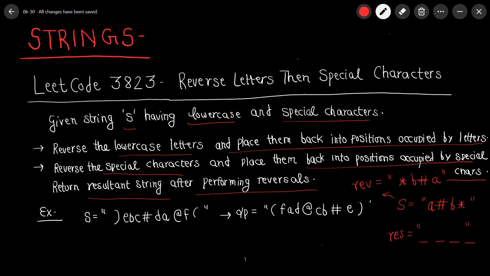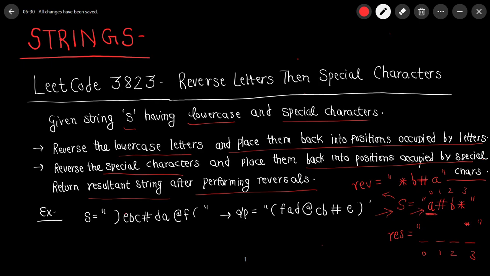What we need to do is, let me index it also. So here we need to reverse the letters separately and special characters separately. What I mean by this is, suppose we first see our original string. At 0th index, we got a lowercase letter.